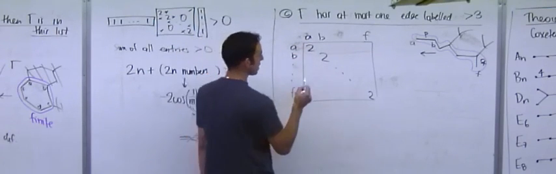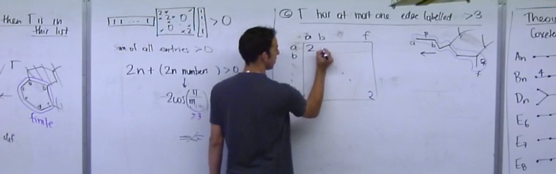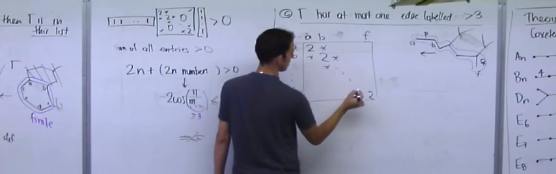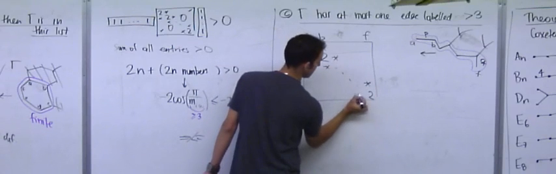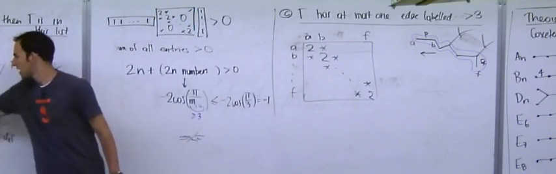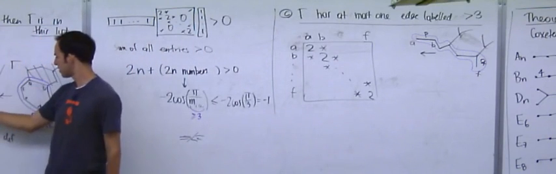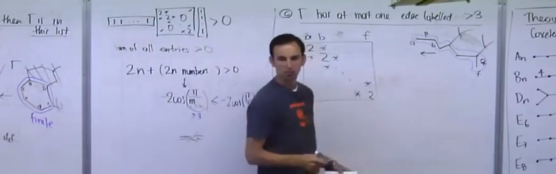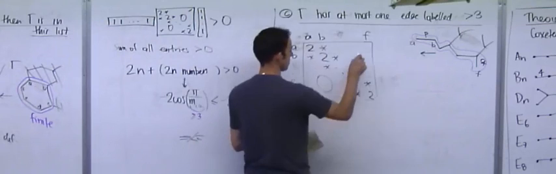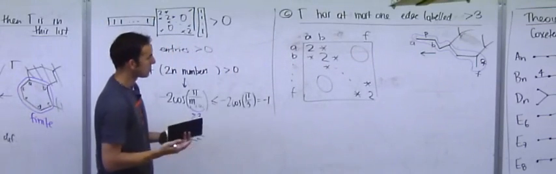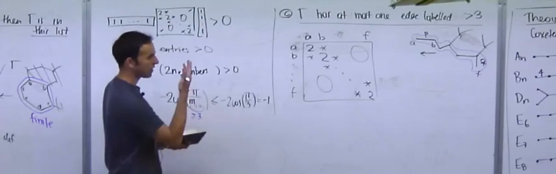The only things that might not be 0 are the entries connecting A and B and C, etc., until E and F. Here I have these entries between A and F that might be non-zero, but that's because A and F are connected here, A and F are not connected here. So these are the only things that are non-zero. And I make the same argument, which is that if I add everything, I better get a positive number.